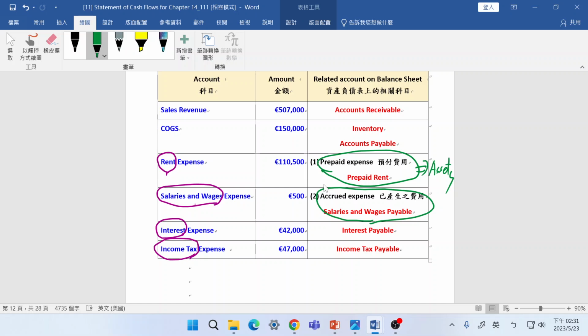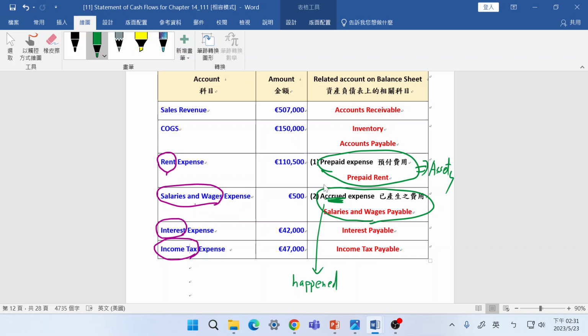记得吗? Prepaid rent means what? You pay the cash already to buy insurance. You pay the cash already to buy the right to live in the dorm for the next whole year. So that's your asset. Accrued expenses is what? Accrued means this kind of expense happened already.